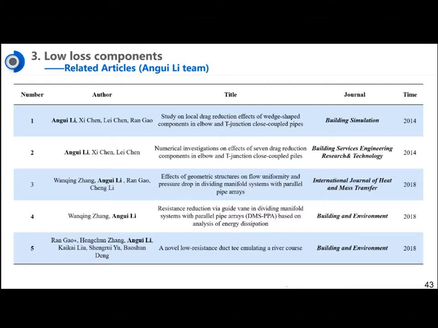We are focused on elbows, T-junctions, diffusers, valves, and so on.